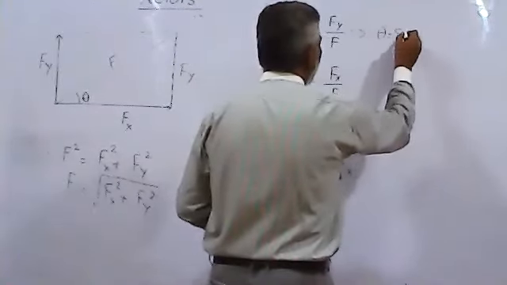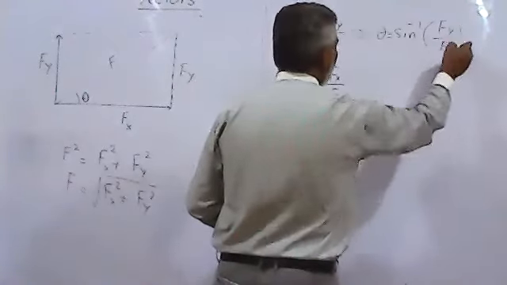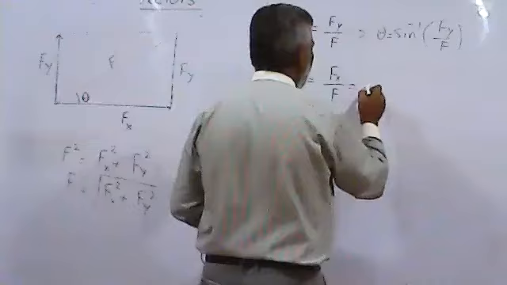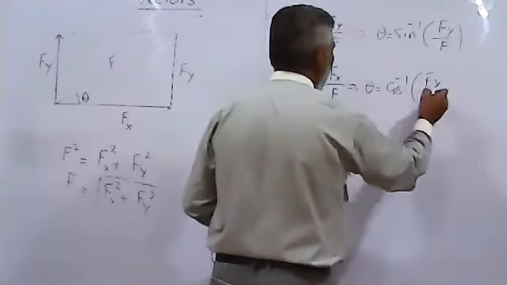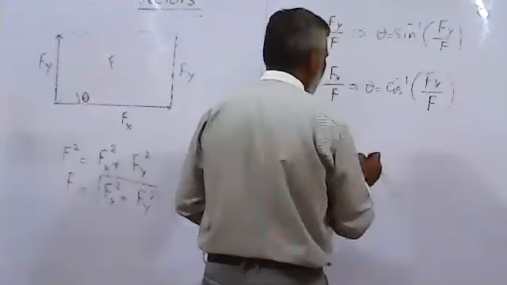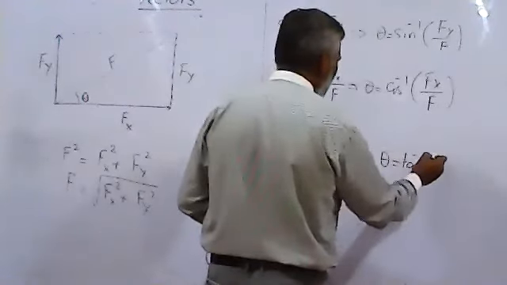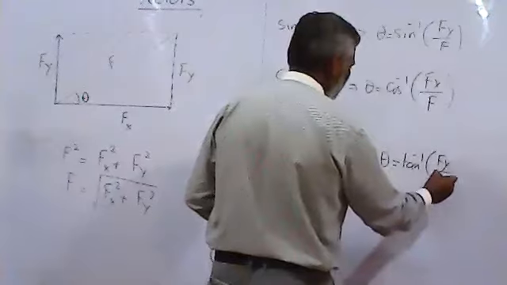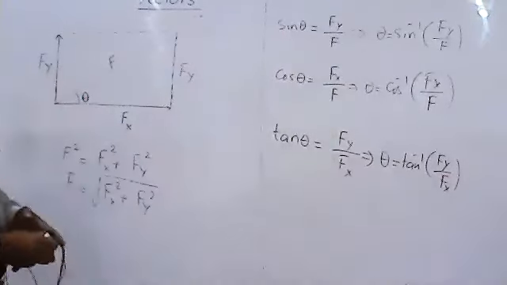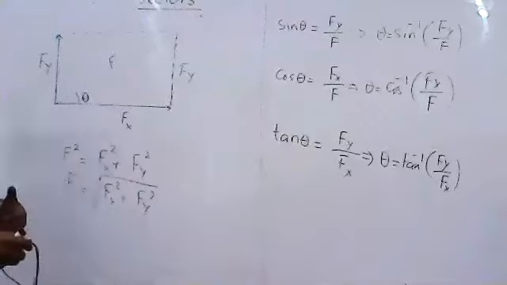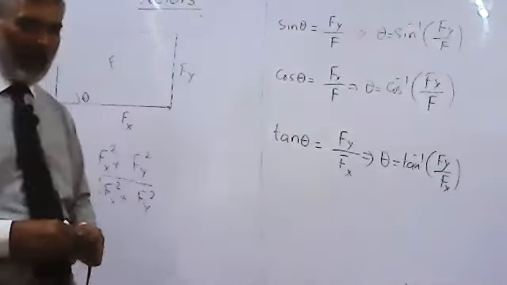Theta is sin inverse of Fy over F, and similarly theta here is cos inverse of Fx over F, and theta here should be tan inverse of Fy over Fx. So this is about the components. We'll have a few more questions.